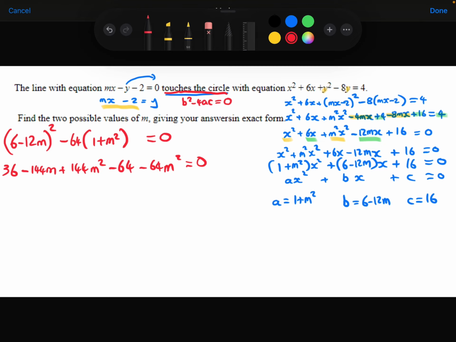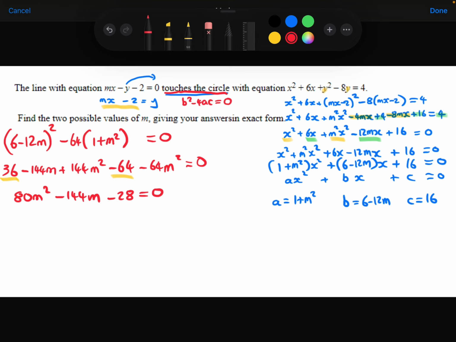I can now collect up some like terms because I've got the 144m squared minus the 64m squared, which is 80m squared. I've got the minus 144m, and I've got the 36 minus the 64, which is minus 28.